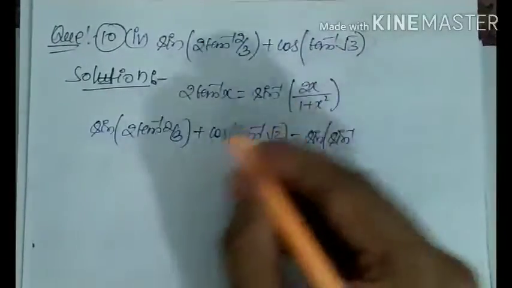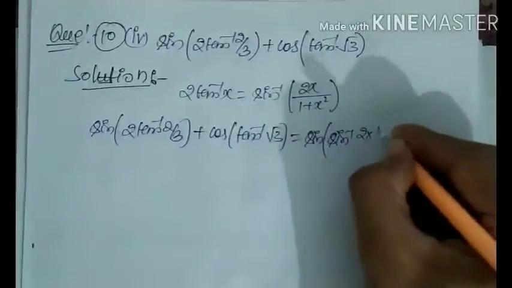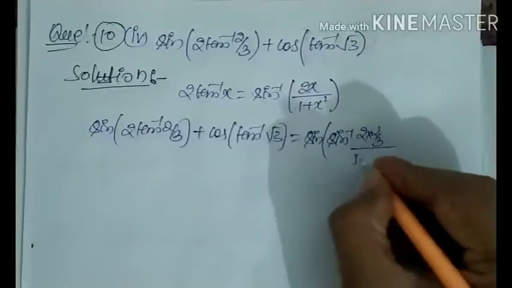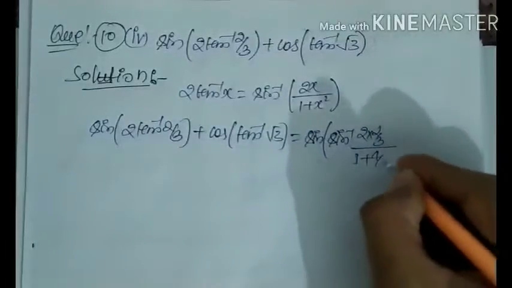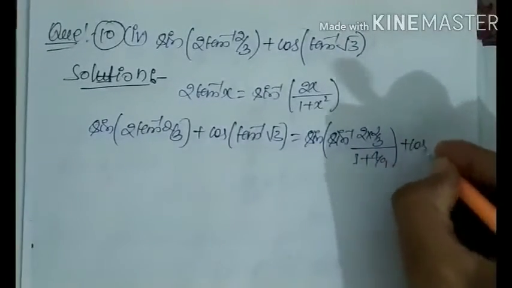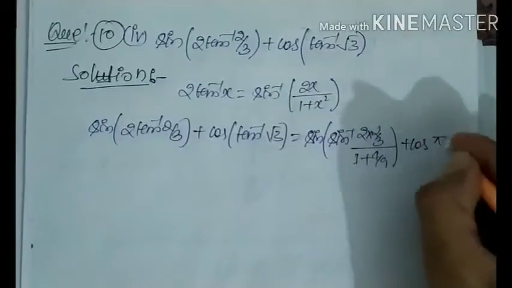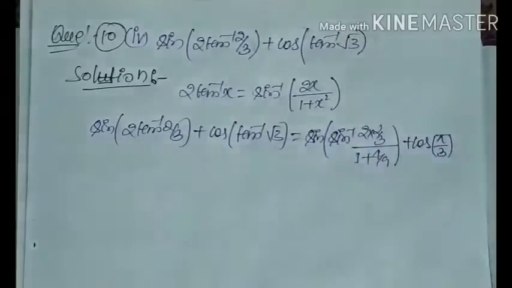With the help of this formula, it will become 2 times 2 by 3 upon 1 plus the whole square of 2 by 3, which will be 4 by 9, plus cos of the value of tan inverse root 3, which will be pi by 3. Okay, pi by 3 means 60 degrees.